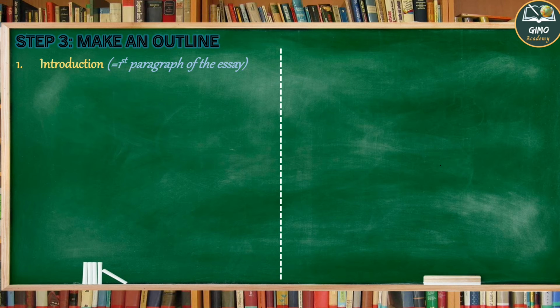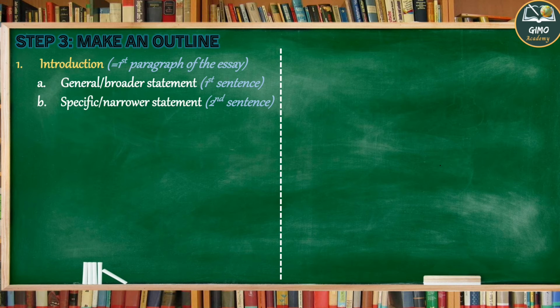So we need to start with an introduction, which will be the first paragraph of our essay. And in the introduction, we should include a general or broad statement, which should be the first sentence of our introduction. And then we have to move from a broader statement to a more specific and narrower one, which should be the second sentence of our introduction.